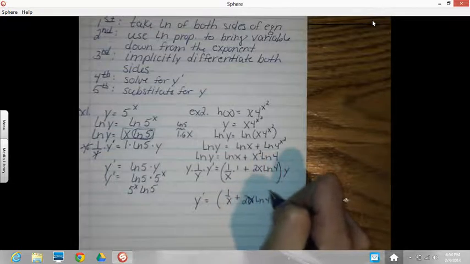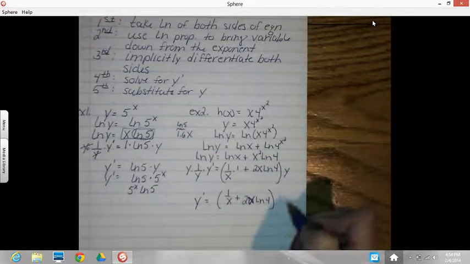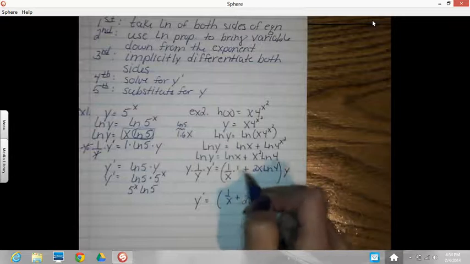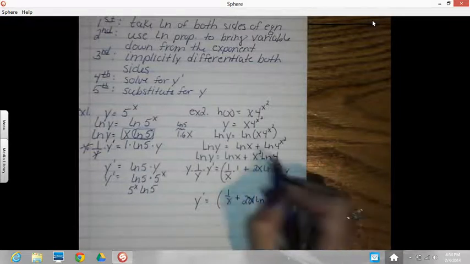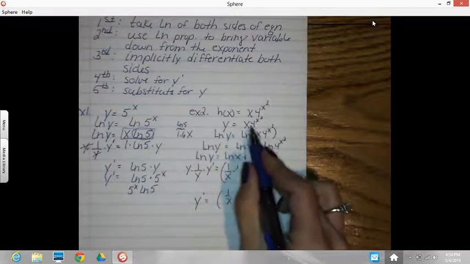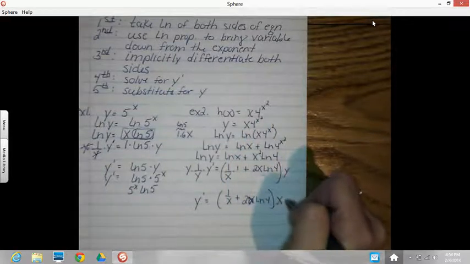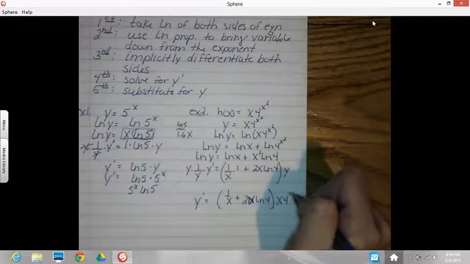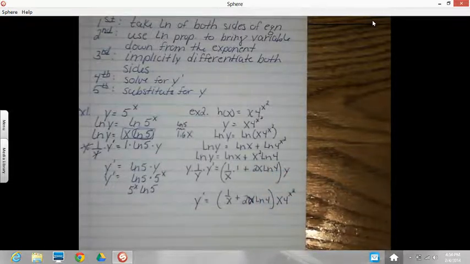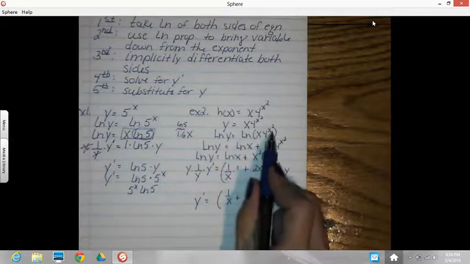And now I'm going to substitute for y because I want all x's in my derivative. I don't want x's and y's. And remember, y is equal to x times 4 to the x squared. There it is, done. So lots of algebra things going on, little things you're going to want to make mistakes on that I'll try to point out and avoid.